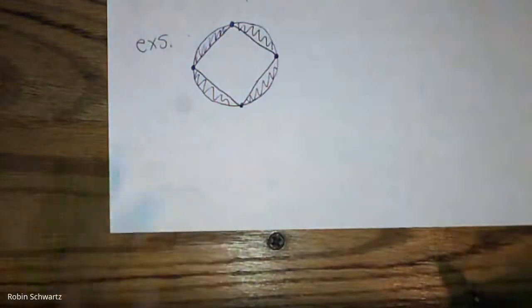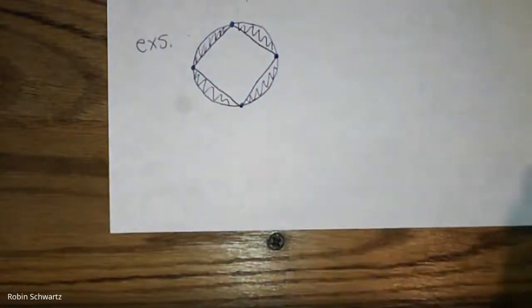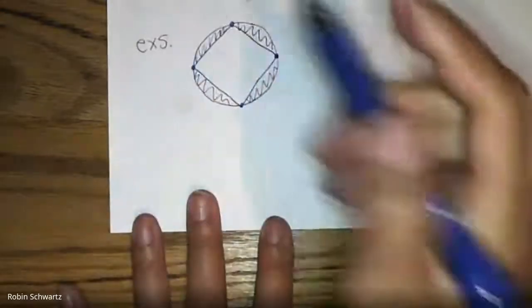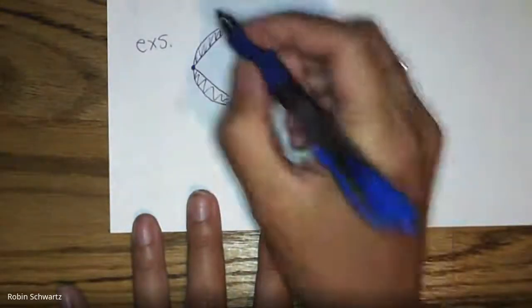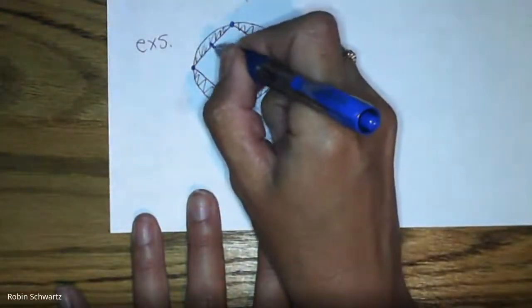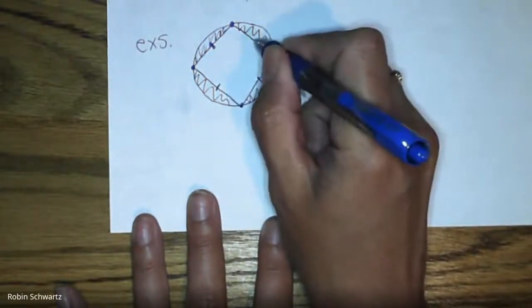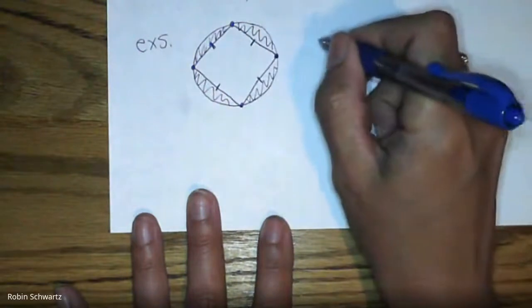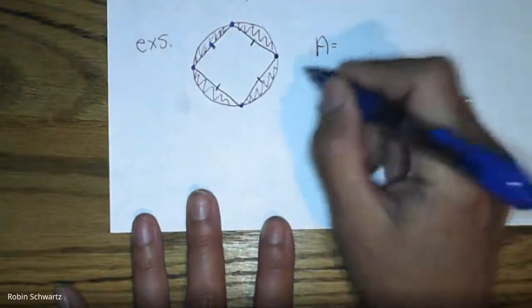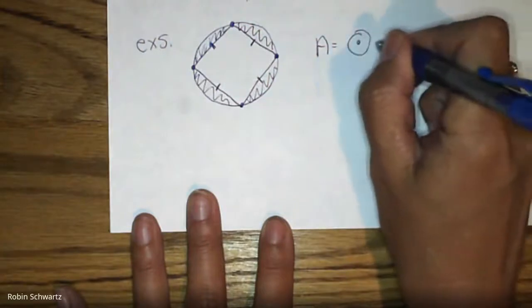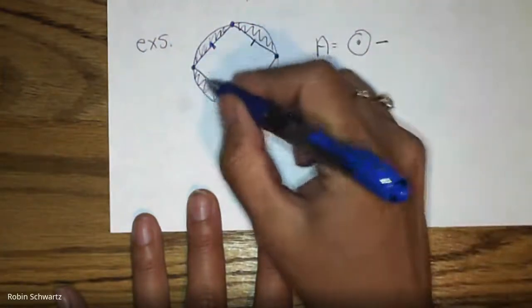Okay. So before I even put any numbers in, I'm going to come up with my plan. Again, I see a full circle with this big piece missing in the middle. And because I put those evenly spaced, those are all going to be congruent. So our plan here is going to be to take the area of a full circle and then subtract off this shape in the middle here.